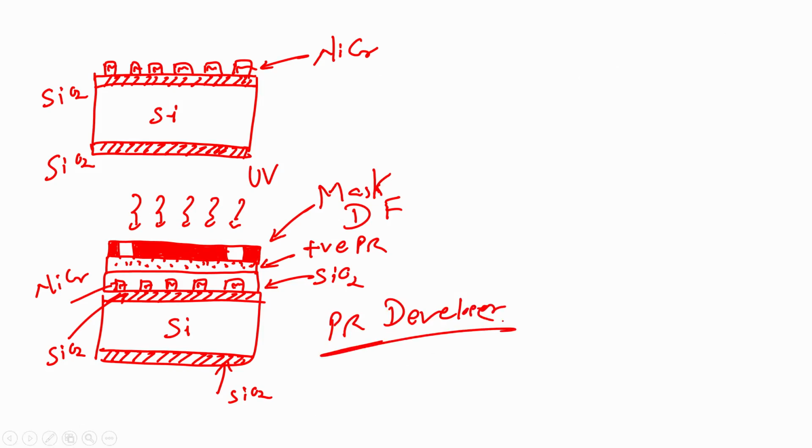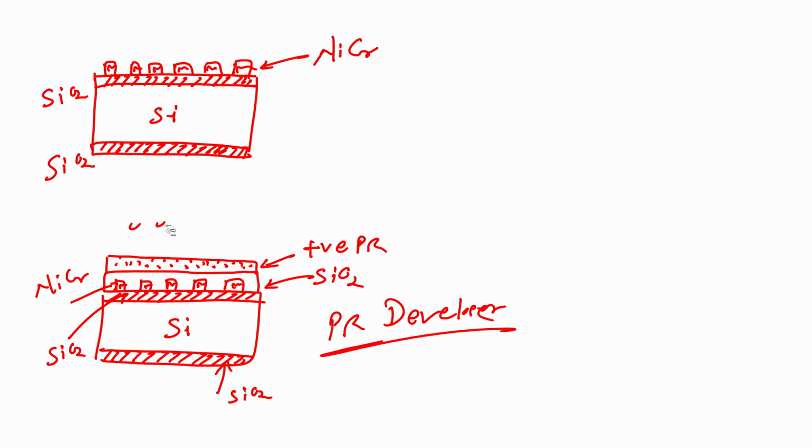If I dip this wafer in photoresist developer, after unloading the mask and UV exposure, I will have my photoresist in the area which was not exposed by UV, and you can see here the windows for the contact to the micro heater are opened.